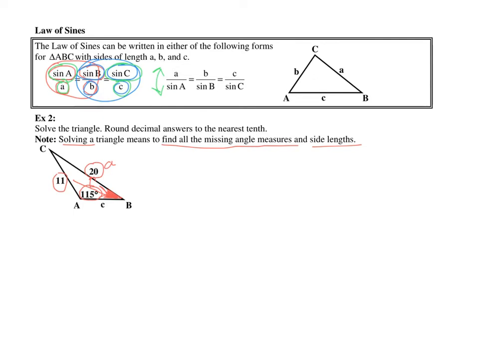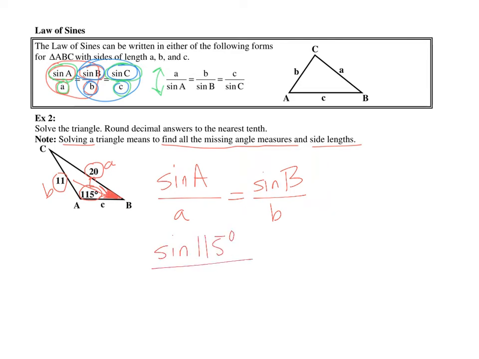Just to be absolutely clear, this is what we're working with. We have sine of angle A over the length of A is equal to sine of angle B over the length of B. And here we have lowercase b. So it's going to be sine of 115 degrees over 20 is equal to sine of B over 11.